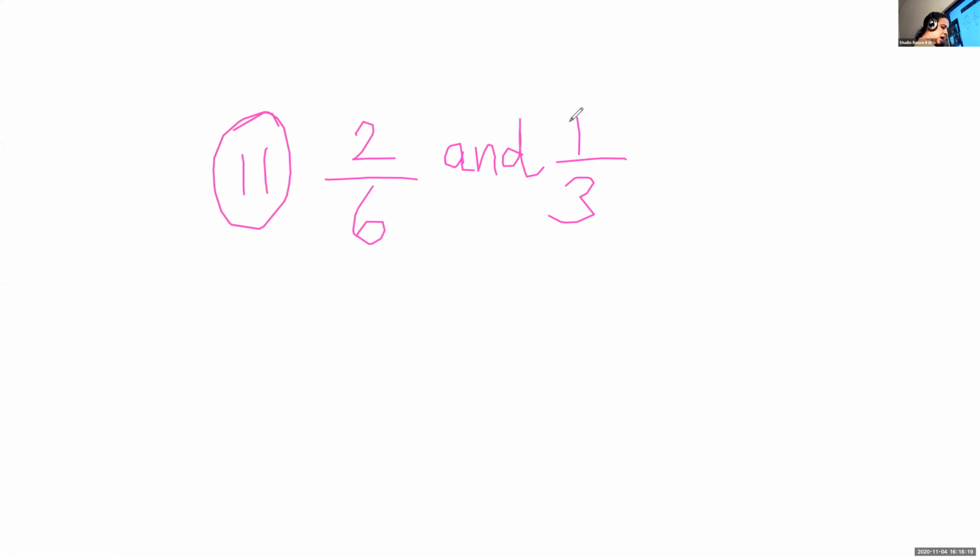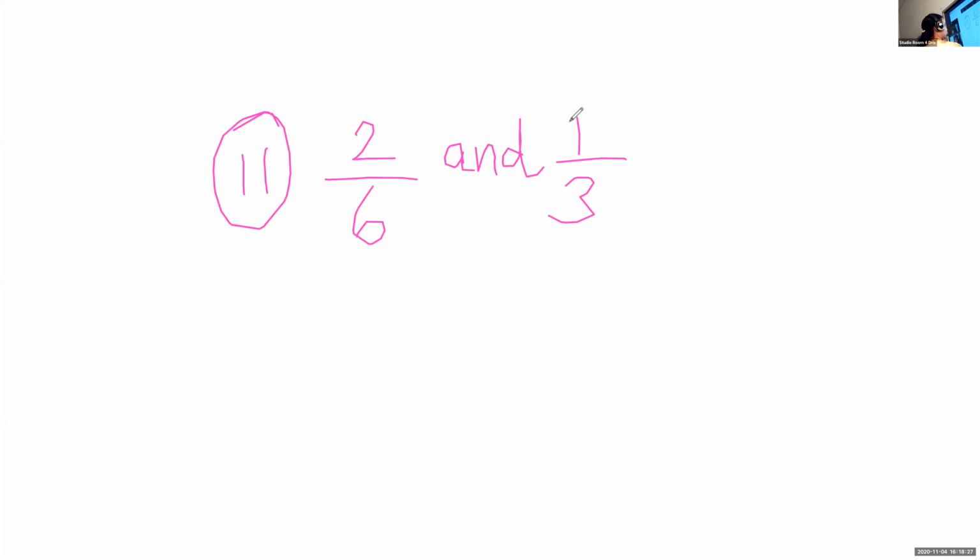So we can write 2 by 6 and 1 by 3. That is question number 11. The question is, write any pair of equivalent fractions which will have 2 into 3.